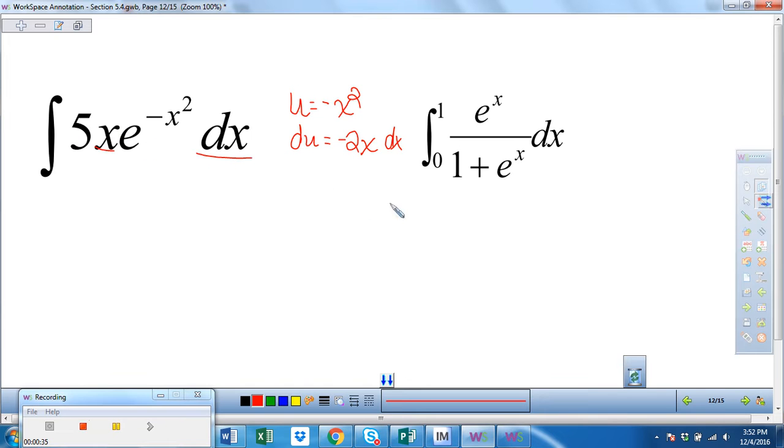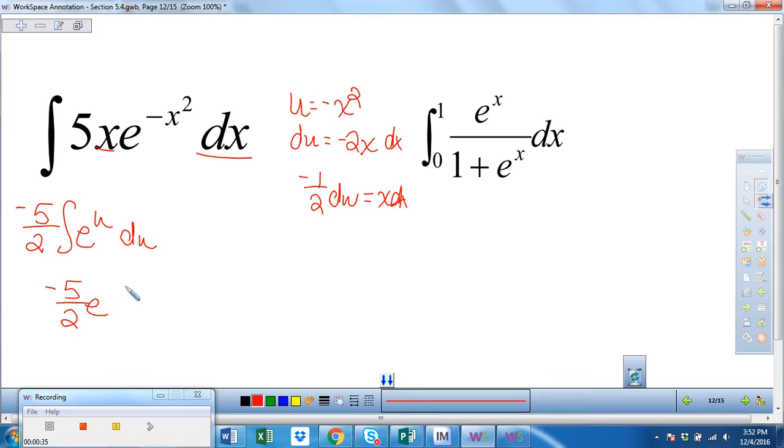I can pull out that 5, so I'm going to write this as negative 1/2 du is equal to x dx. Pulling out the 5 and the 2, I get e to the u du, which is negative 5/2. I love e to the u. It's the easiest one to integrate. So negative 5/2 e to the negative x squared plus c.